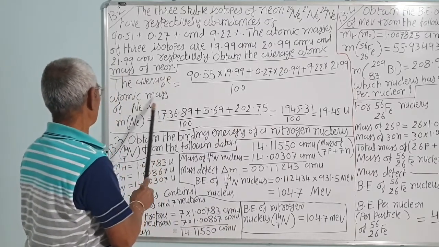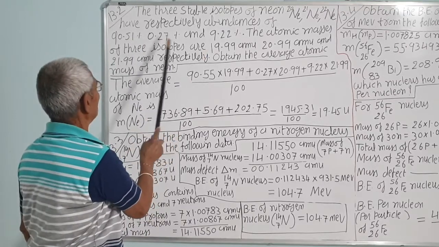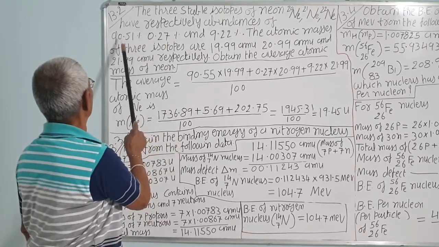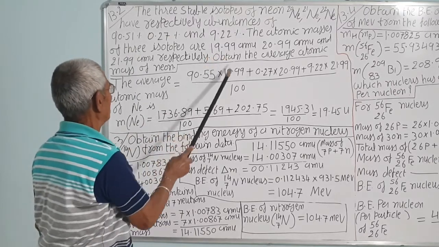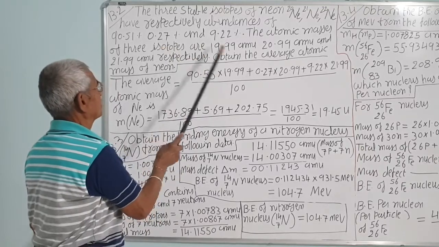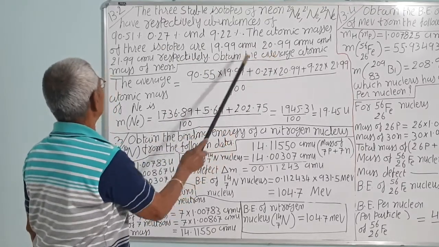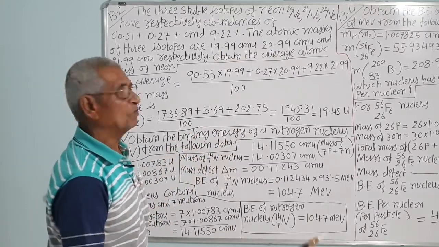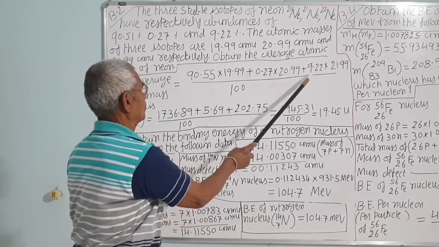The average atomic mass of neon is equal to the sum over all three isotopes, that is 90.51% of this one, 19.99, correct. Then 0.27% of this isotope, that is 20.99, and 9.22% of the 21.99 isotope, correct.